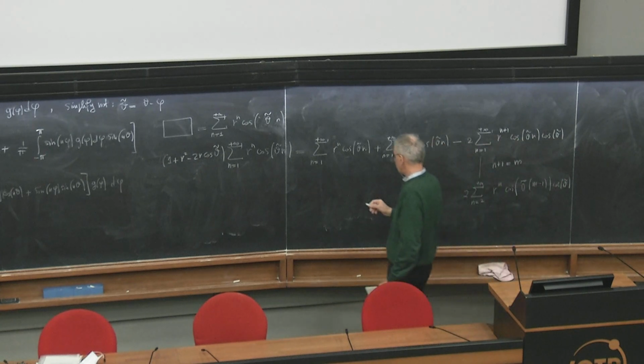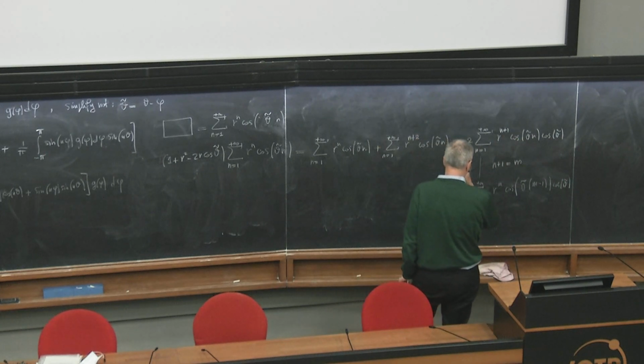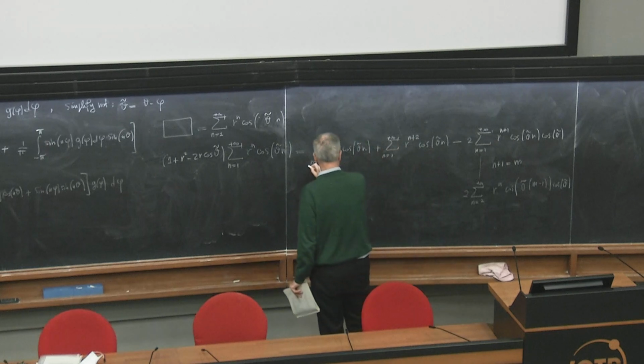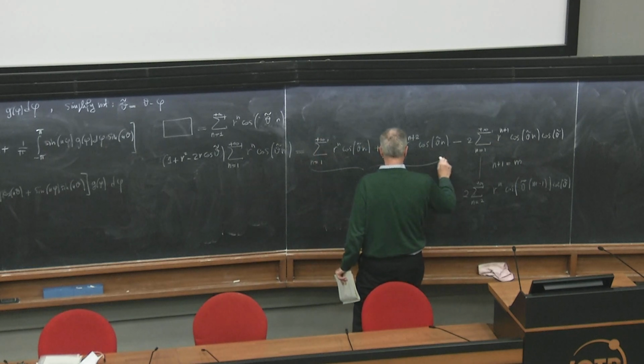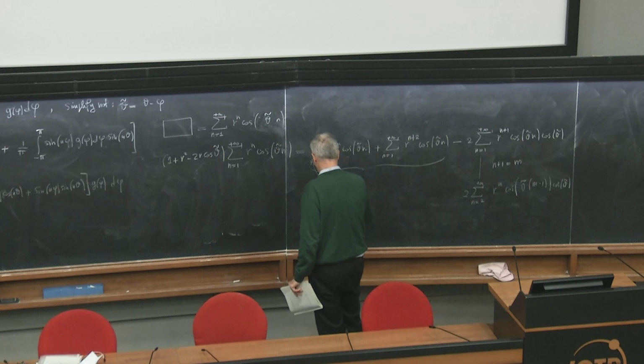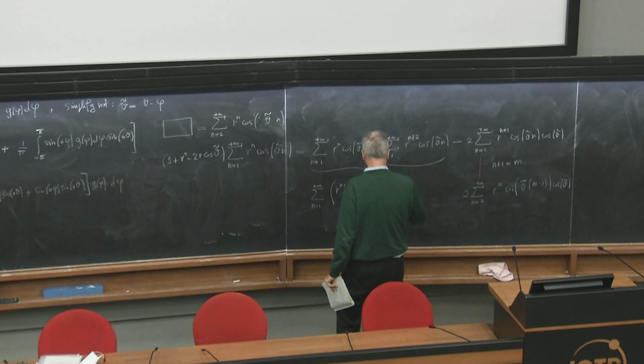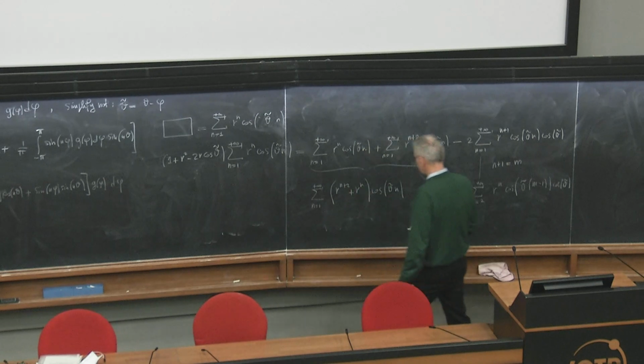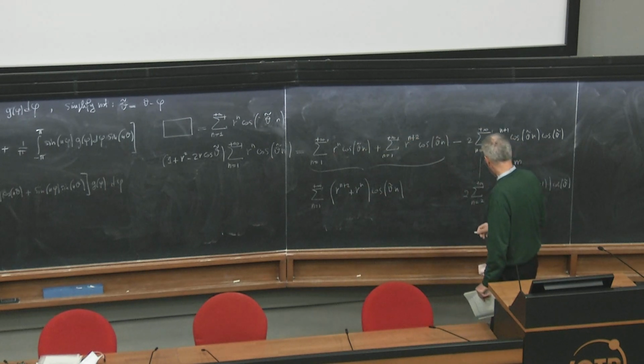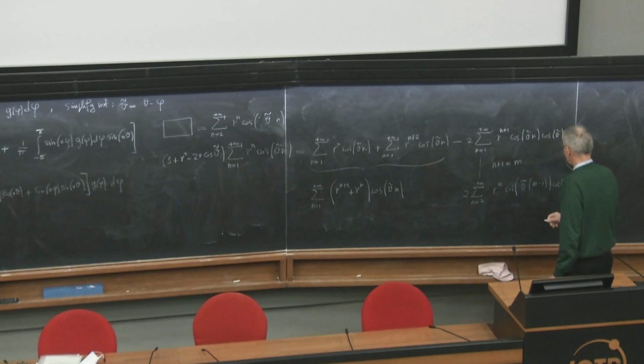So maybe let me rewrite this sum. r to the n plus 2 plus r to the n cosine theta tilde n. So this is just this. And then there is this minus here. This can be written maybe in a different way.